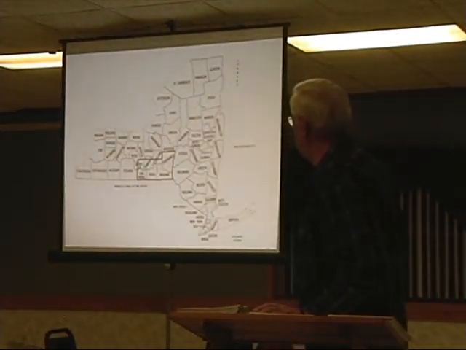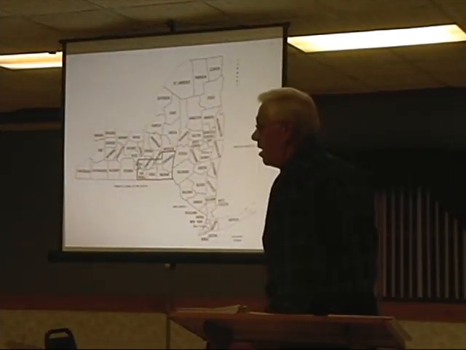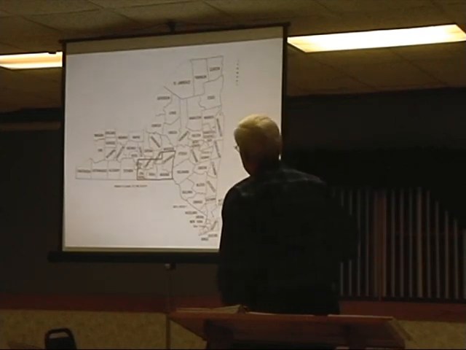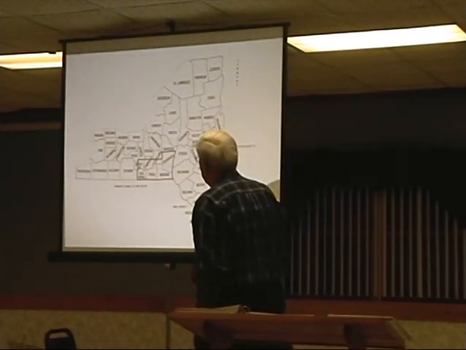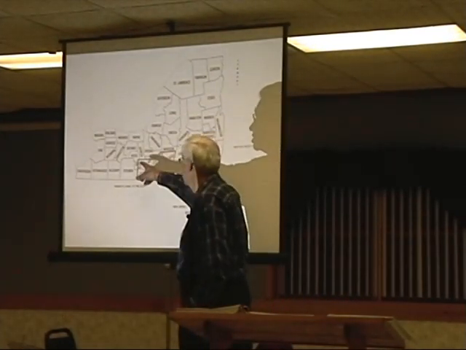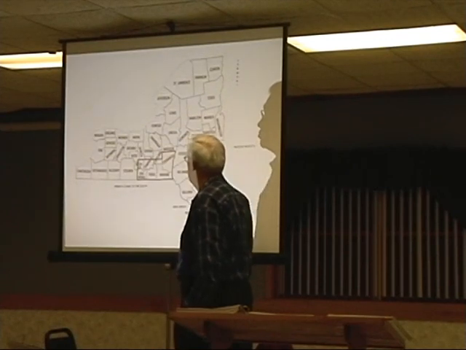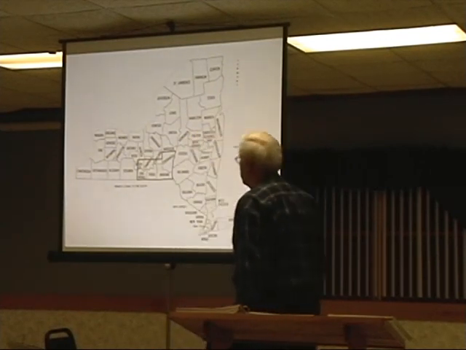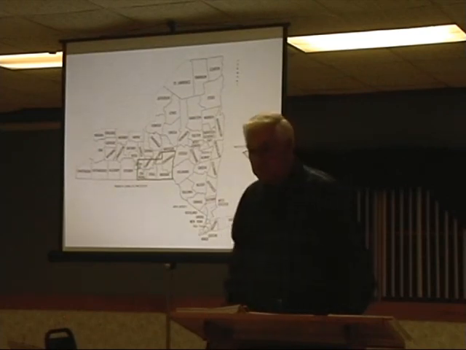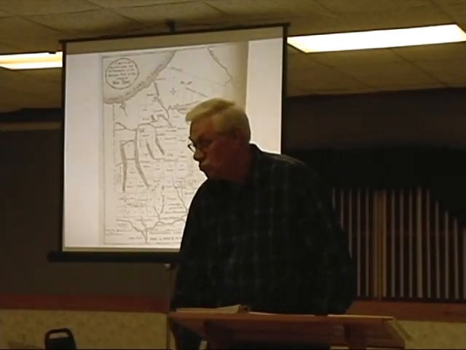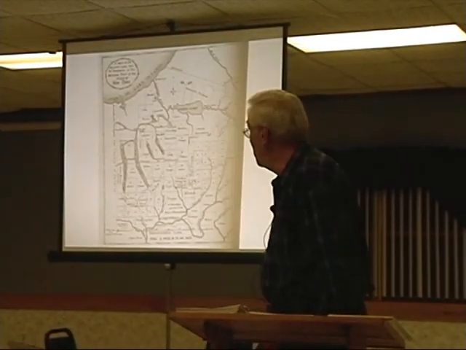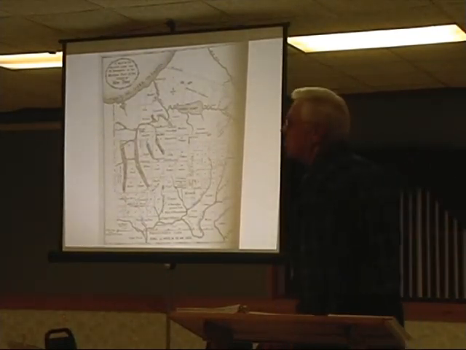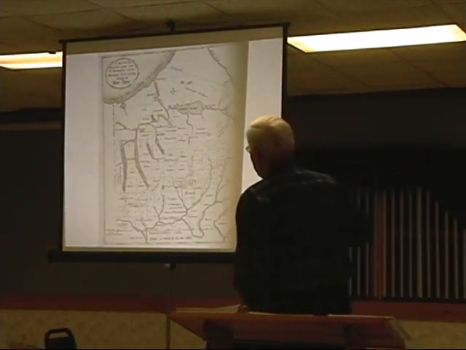Just to show you a little bit more what area that covered, I put this on the present county map and outlined it. So that's how much Tioga County originally covered when it was first formed. This is another map, just because it's a neat map.